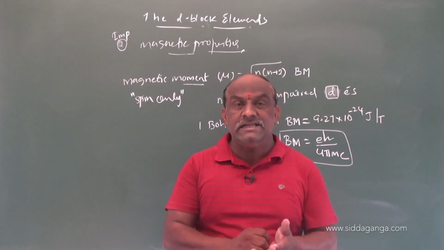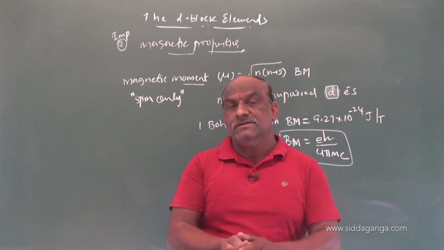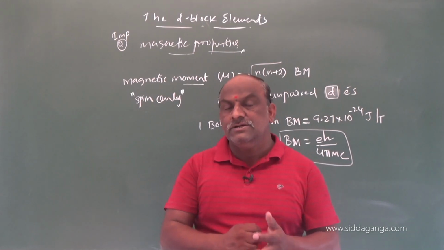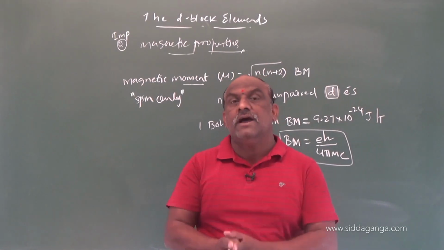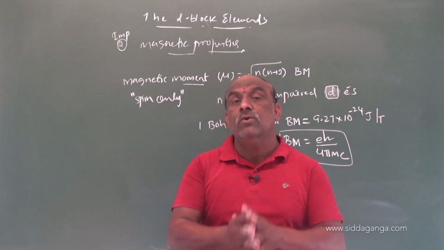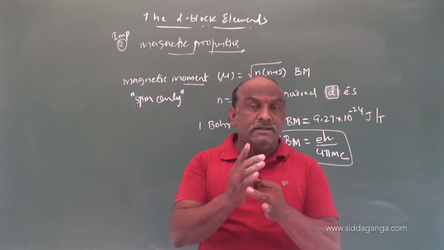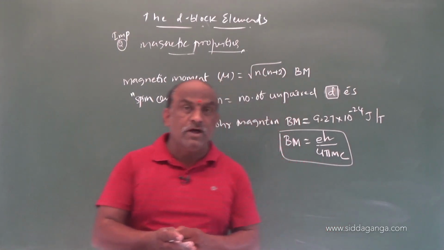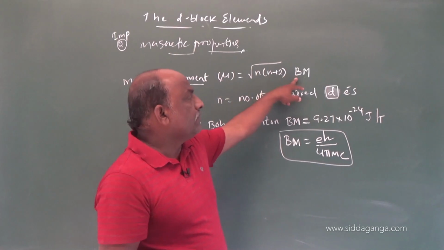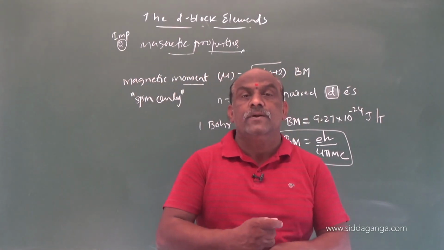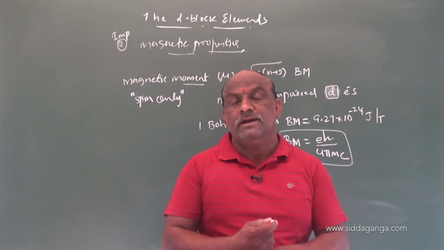But for the 3d series, orbital angular momentum is not considered. For the 3d series, no need to consider orbital angular momentum. So, with removal of that orbital angular momentum, we consider only the spin only magnetic moment. And for the spin only magnetic moment, what will be the formula? The formula is mu equals root over n into n plus 2 Bohr magnetons.